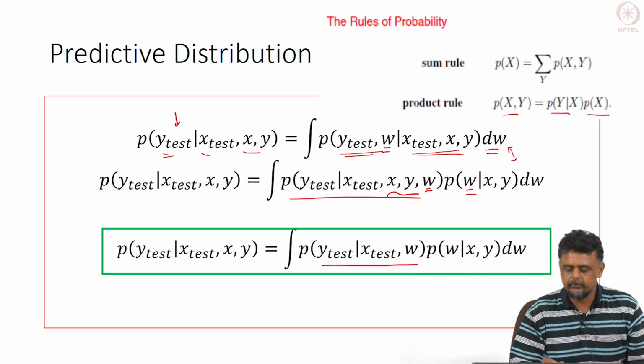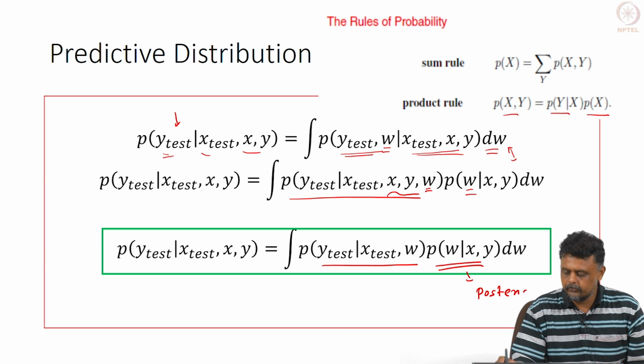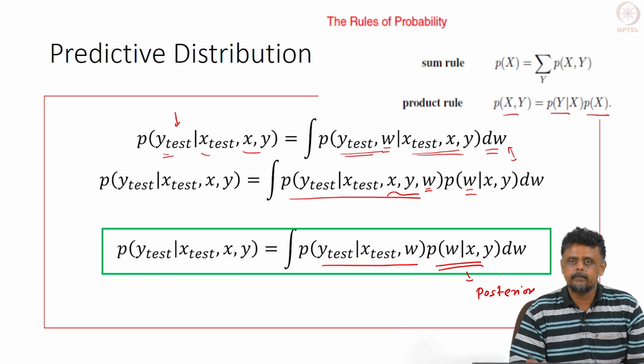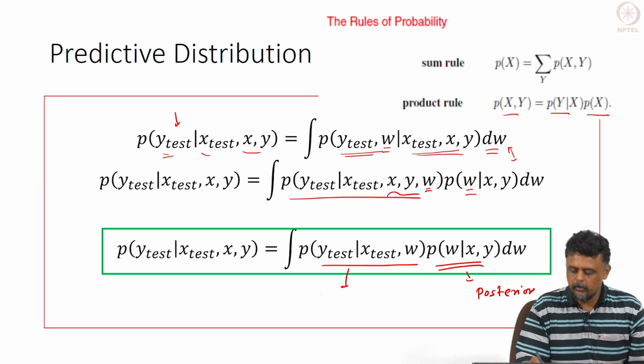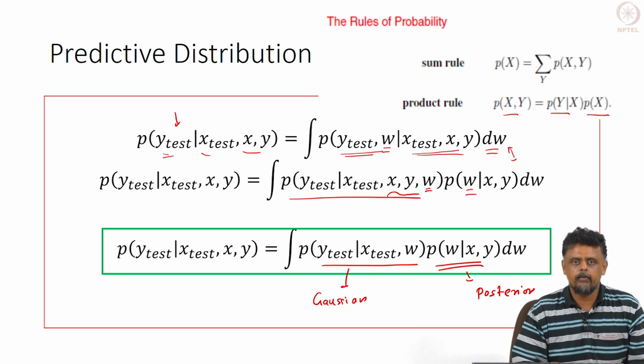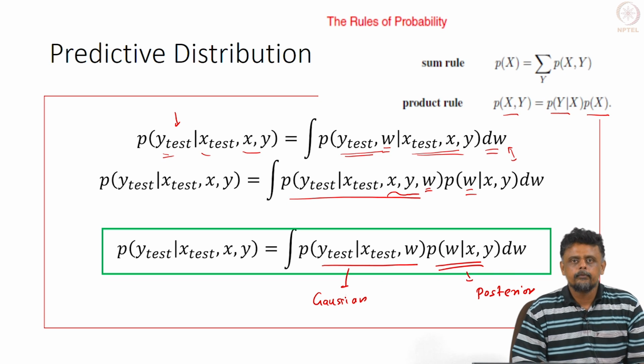And this we know is the posterior distribution. We have modeled this. We can model this as a Gaussian, and this also we can model as a Gaussian, which is like your likelihood function. So this is another Gaussian. Once we have this estimate, what does this do?